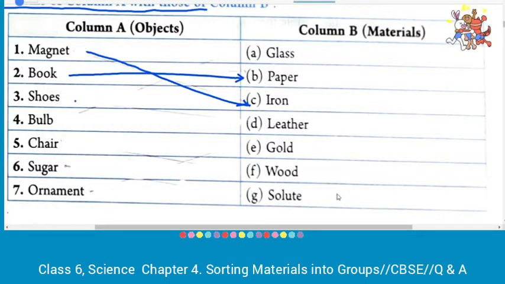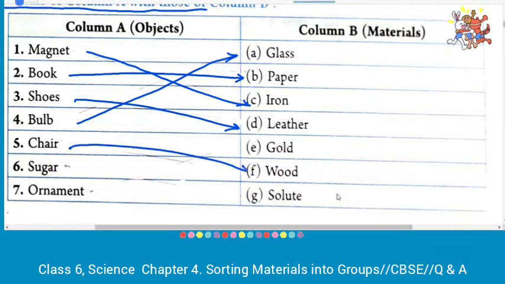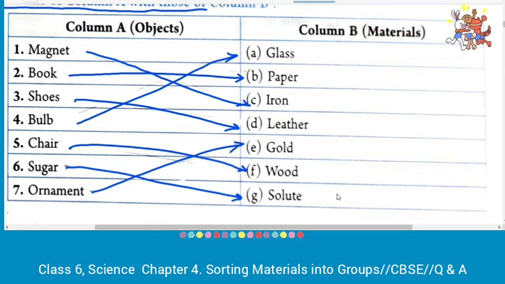Shoes: shoes are made up of leather. Bulb: bulb is made up of glass. Chair: chairs are made up of wood. Sugar: sugar is a solute. Ornament: ornaments are made up of gold and other things.